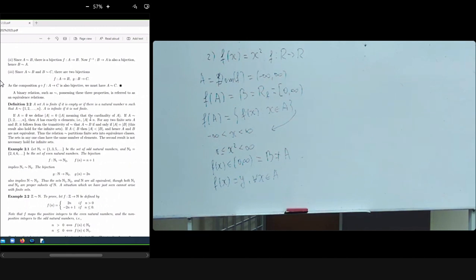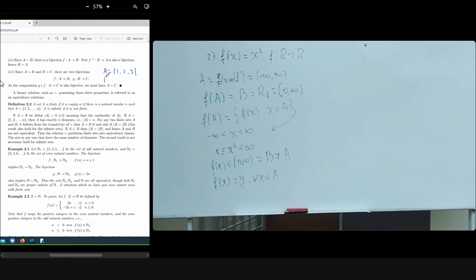Okay, number of elements. But here pay attention. Here it is already given as an example, but just a little explanation. For example, if set A is given like this, what about the cardinal number of A? The number of elements of A is, for example, 1, 2, 3. So this set has 3 elements.